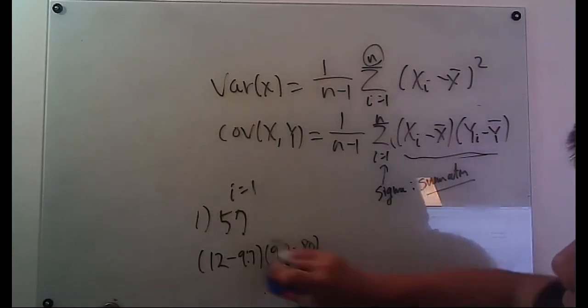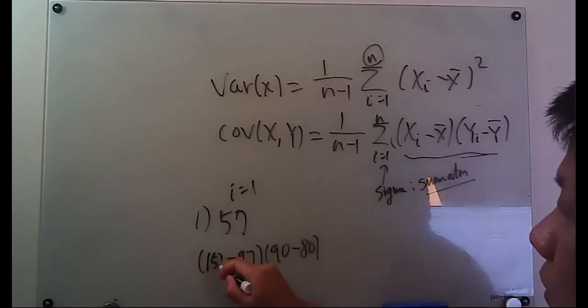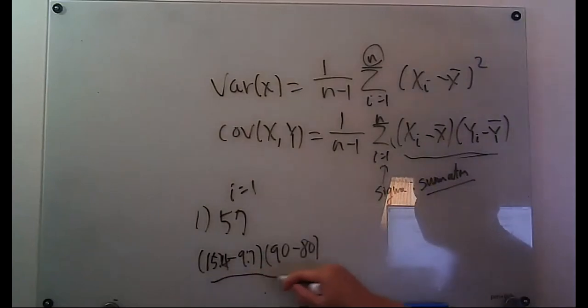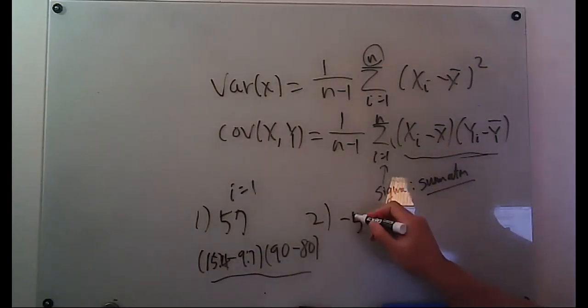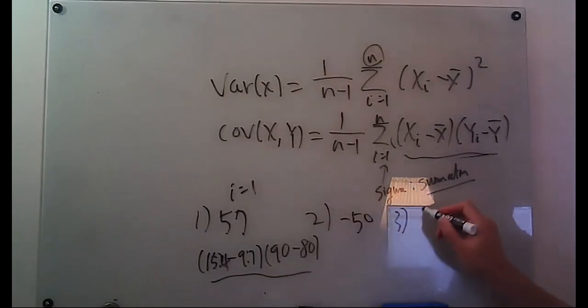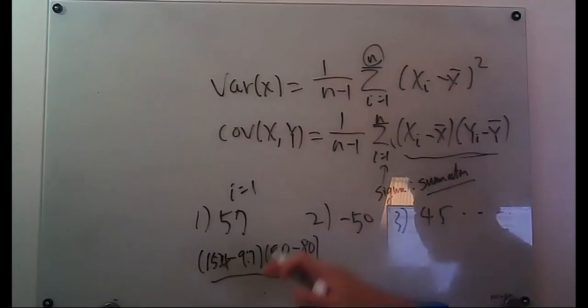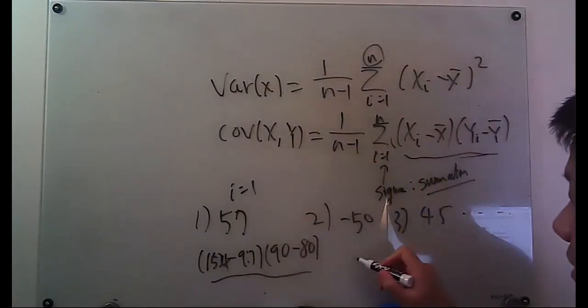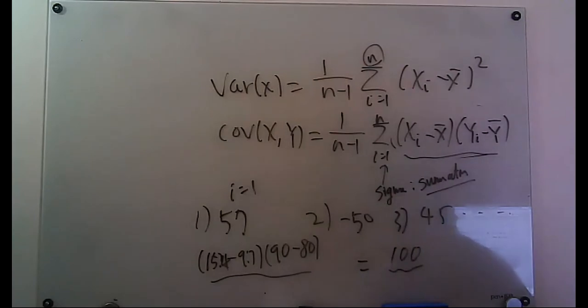Let's say this is observation 1 and got 57, observation 2, negative 50, observation 3, 45, etc. Let's say the summation of everything divided by n minus 1 of the n observations is, let's say, 100. The 100 doesn't mean anything.